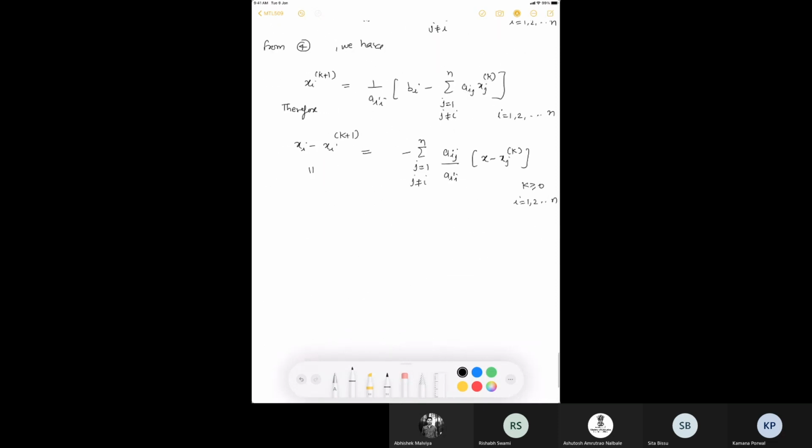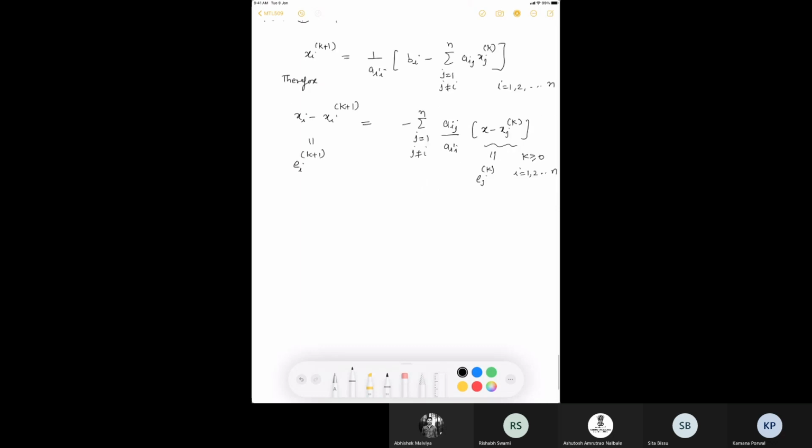Okay, so this is going to be my ei k plus 1, and this factor here is ej k. So what we have got is ei k plus 1 equals minus summation j equals 1 to n, j not equal to i, aij divided by aii times ej k.